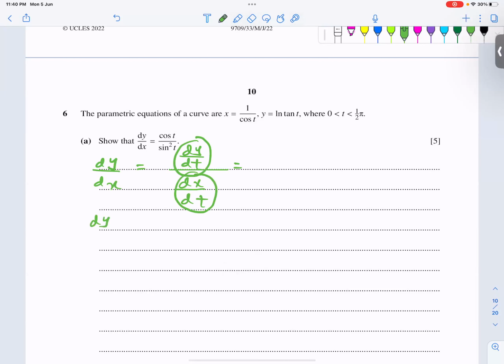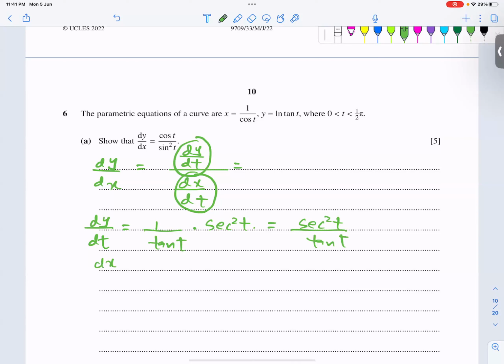So dy over dt is the derivative of ln of tangent t. The derivative of ln of tangent t is 1 over tangent t into the derivative of whatever is inside the ln. The derivative of tangent of t is secant squared of t. So this will be secant squared t divided by tangent of t.